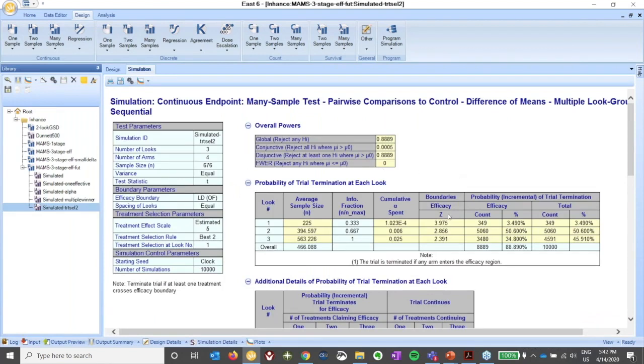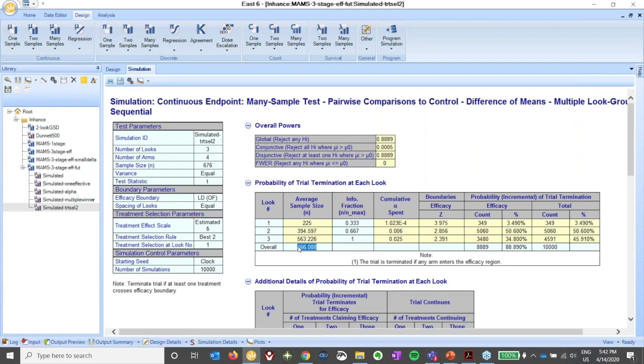First of all, we can see that the trial has about 89% overall power to detect significance on at least one treatment group, with an average sample size of 466.